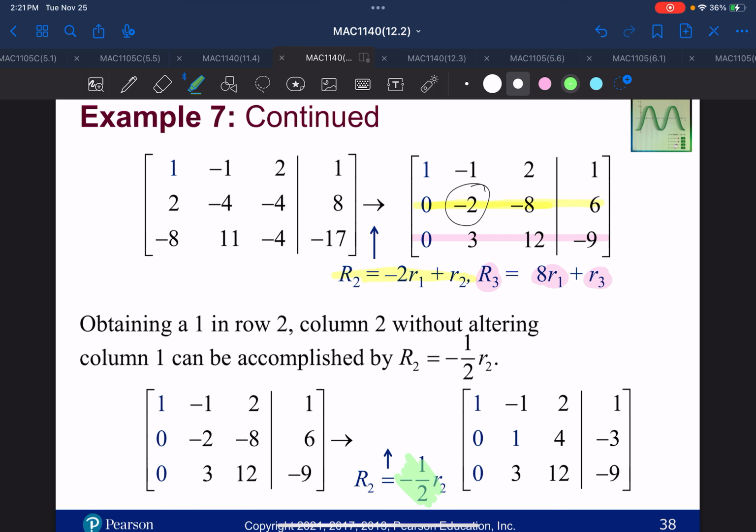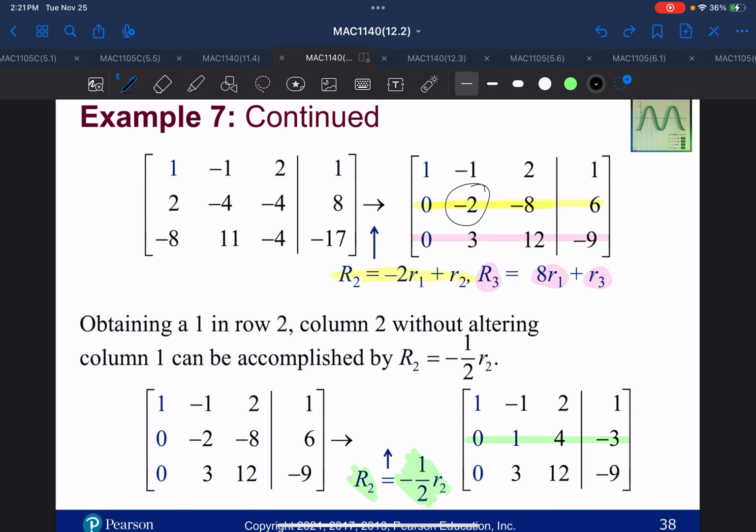And so that's what I'm doing here to get my new row 2. So negative 2 divided by negative 2 is 1. Negative 8 divided by negative 2 is 4. And 6 divided by negative 2 is negative 3.